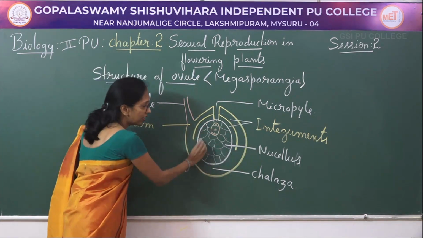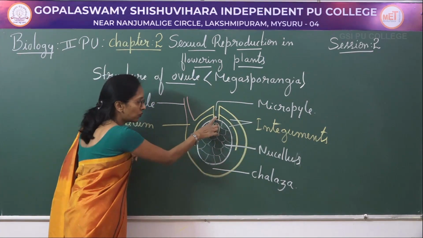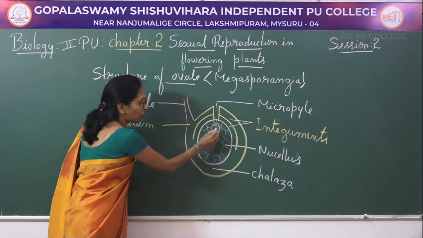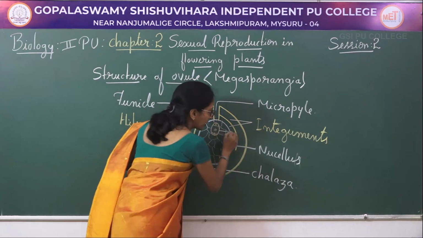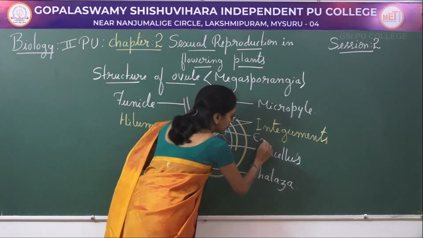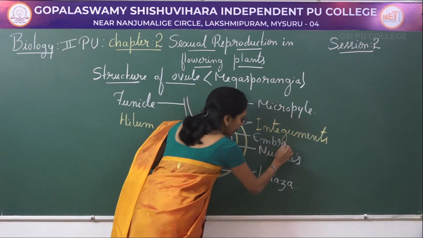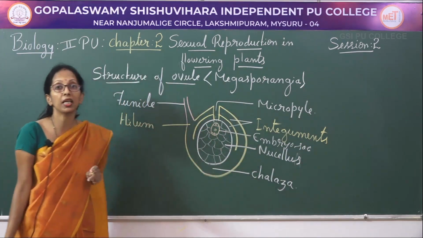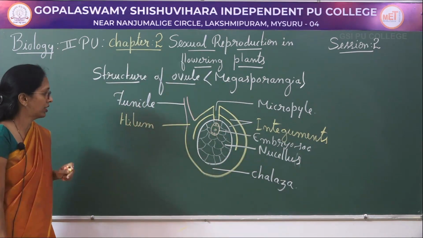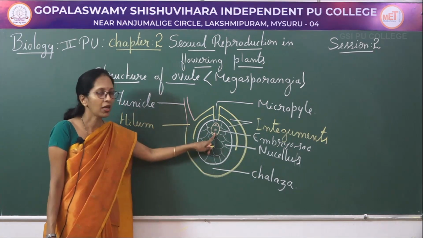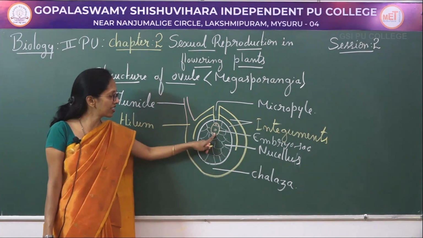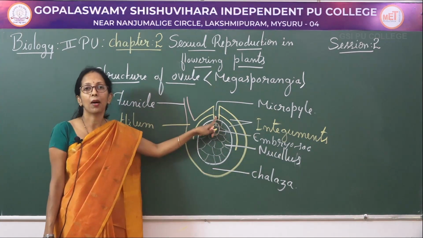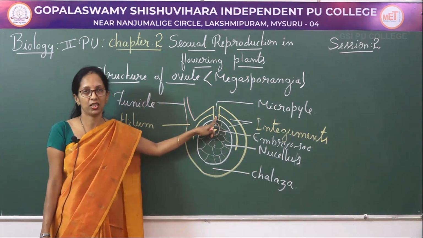Now within the nucellus, towards the micropylar region, there is a presence of this structure, very important. This is said to be embryo sac, also known as female gametophyte. So this is the embryo sac that is present within the nucellus towards the micropylar region.